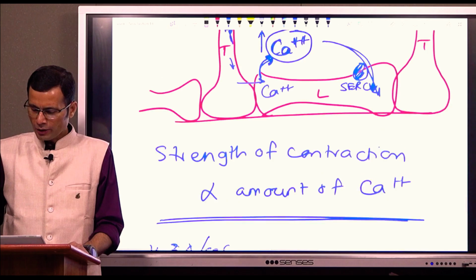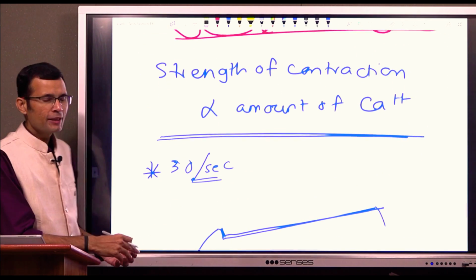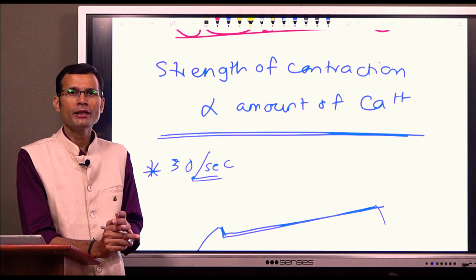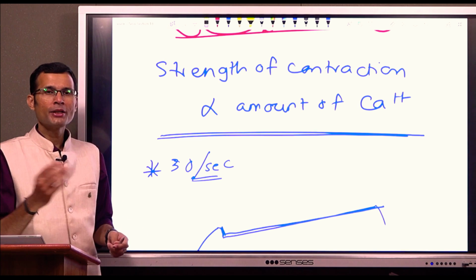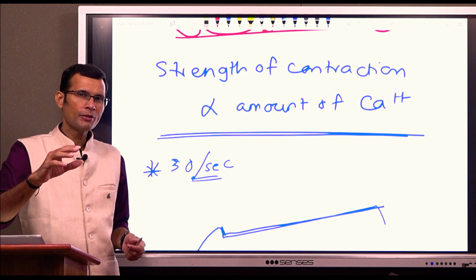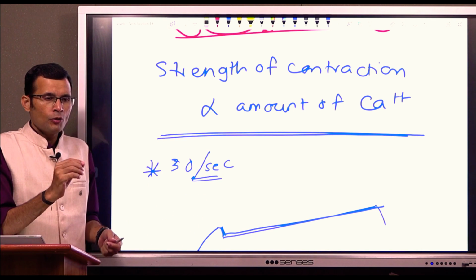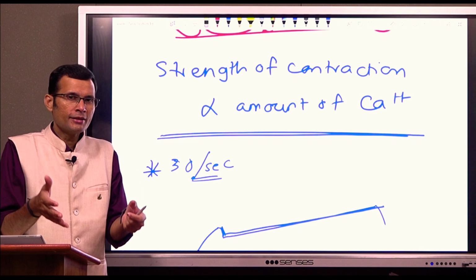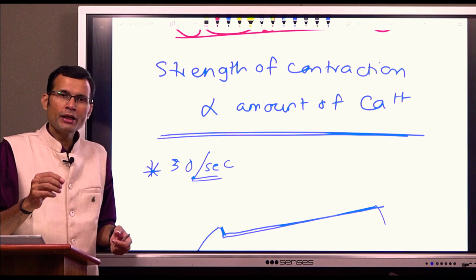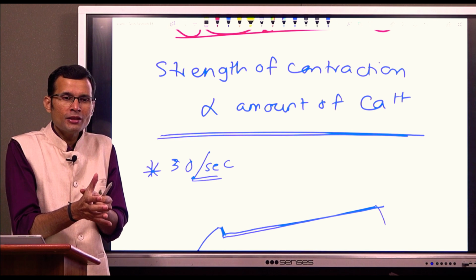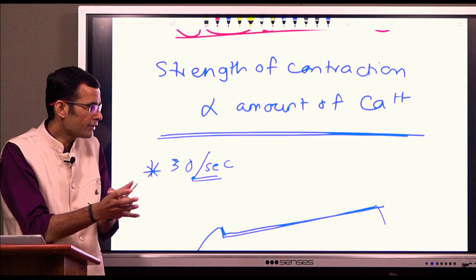Now, you must have experienced this in your day-to-day experiences as well. If you stimulate your muscle at very high frequency, for example, when we are writing a 3-hour exam, toward the end there is less time available and we go on writing very rapidly. What happens? We experience a stiffness in the muscle, a sustained state of contraction.